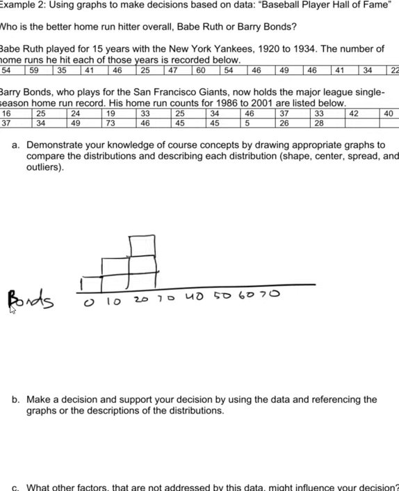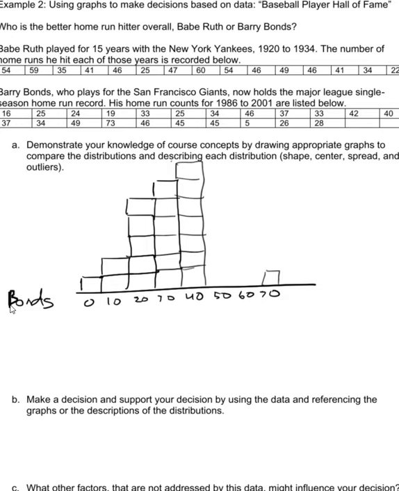You just stack them on top of each other as you go, and that way you'll never lose count. How many 30s are there? 1, 2, 3, 4, 5, 6. How many 40s? 1, 2, 3, 4, 5, 7? Really? My goodness. Bonds. No 50s, no 60s, and then we got a 70.